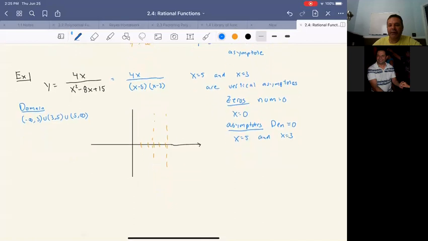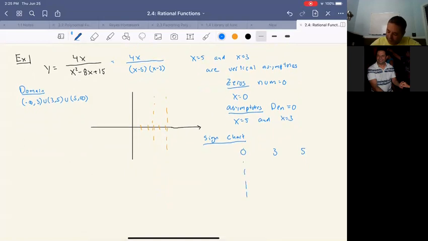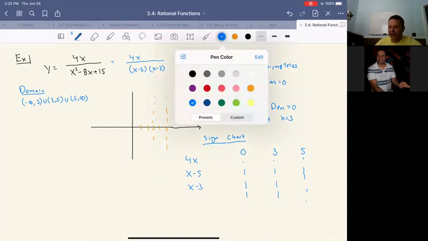Okay, now I'm going to do the sign chart. I'm going to have 0, 3, 5. The pieces that go along the side are 4x, x minus 5, and x minus 3. Here I'm going to change things up a little bit.